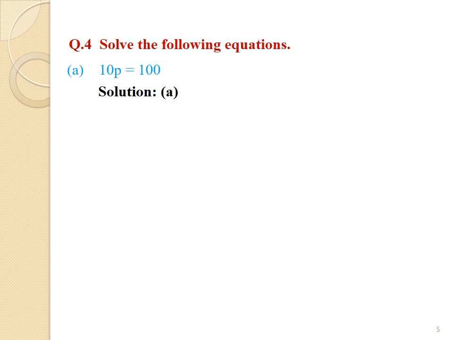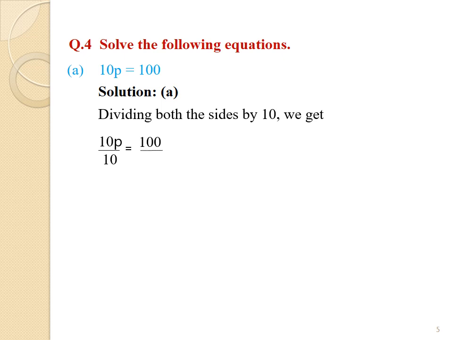Dividing both the sides by 10, we get 10p upon 10 equals to 100 upon 10.